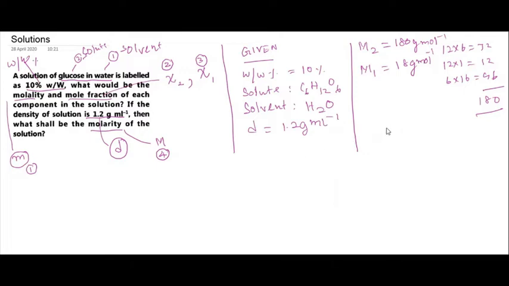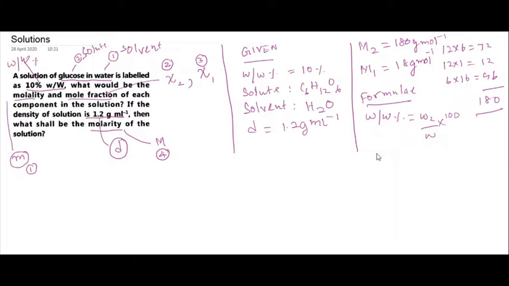We have to highlight the formulae we can use here. First of all, a weight by weight percentage formula is used. This is given and these are the formulae to be used. Weight by weight percentage is given by W2, the weight of the solute, divided by the weight of the solution, into 100. This is the first formula.